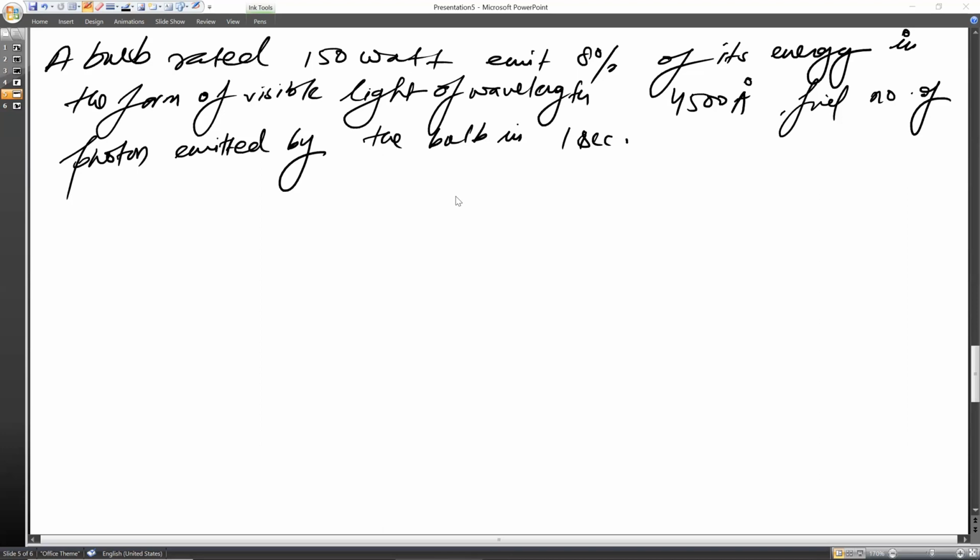It's 27 into 10 raised to 16. 10 raised to 16. Yes. It is 27 10 to the power 18.